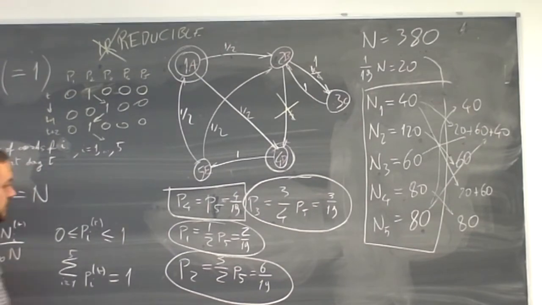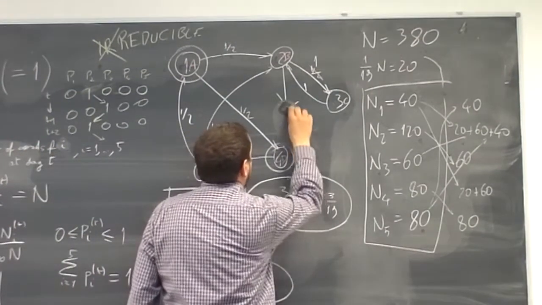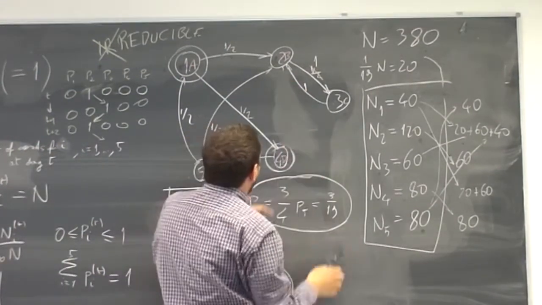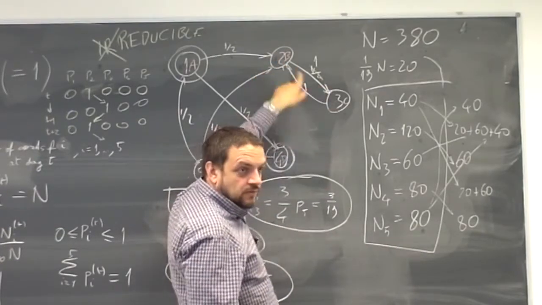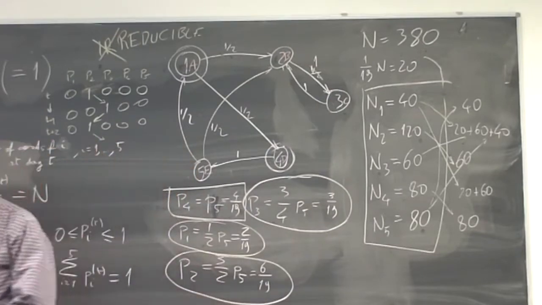Remember that this arrow has disappeared, and every time a card is trapped with B, it won't get out of this loop anymore.